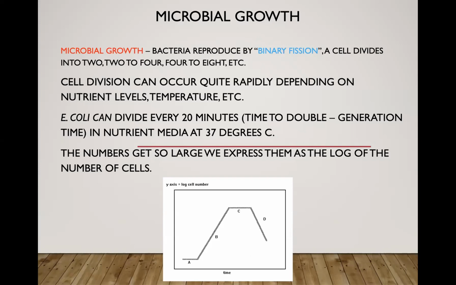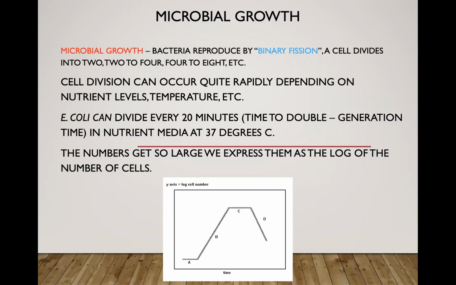Because there's this rapid reproduction, doubling of generations, every 20 minutes we're doubling our population. We essentially have what we refer to as exponential growth. These numbers get so large that we express them as a log of the number of cells on the growth curve.